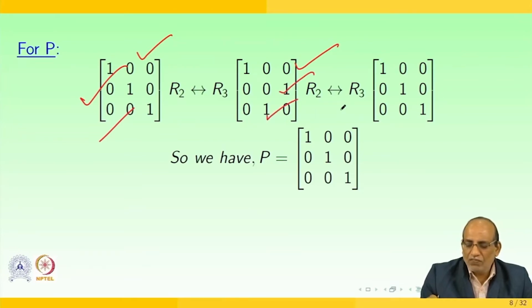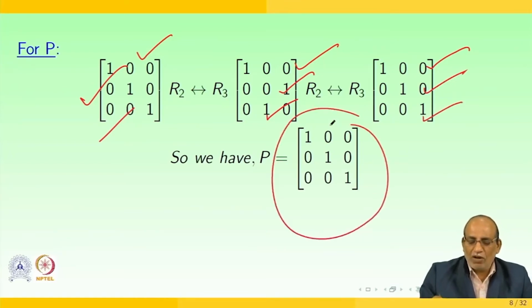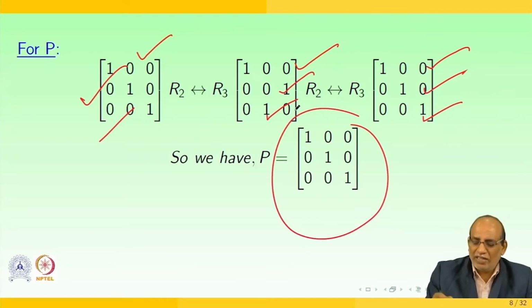So if I do R2 R3, 1 0 0, then again this is 0 1 0, 0 0 1. Whatever operations we did earlier on the matrix, the same thing we will be operating. R2 R3 we did it, again R2 R3 as we did previously. So therefore ultimately I would get 1 0 0, 0 1 0, 0 0 1.